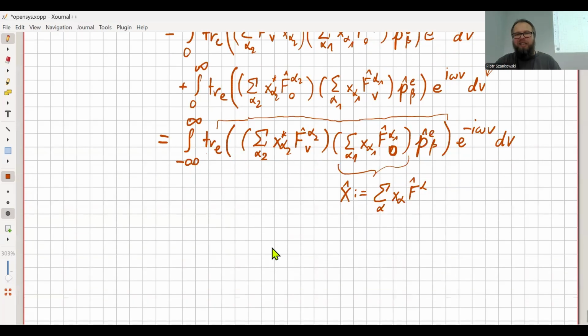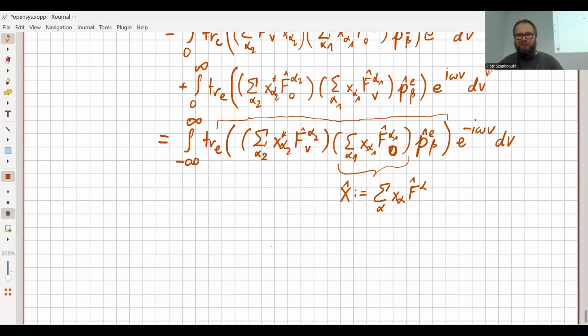Okay, but this is a thing that we actually encountered previously. This is the Fourier transform of correlation functions, which was something when we discussed Gaussian approximation and the fluctuation dissipation theorem.